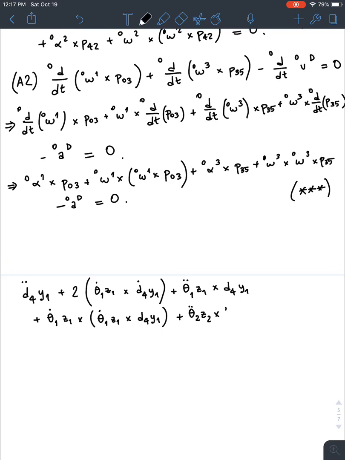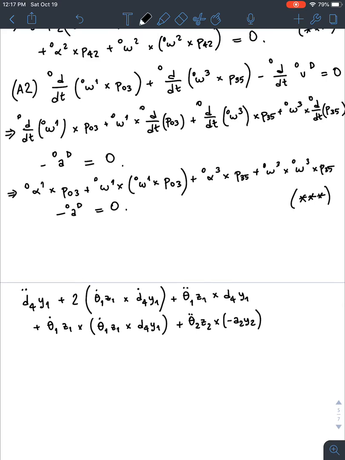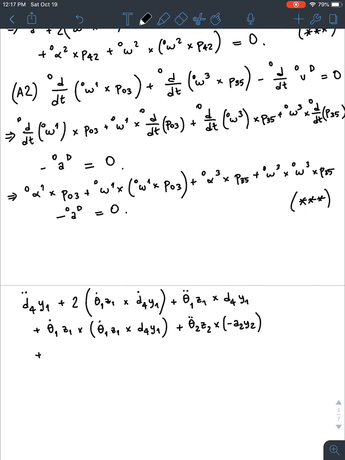This one here is going to be, oopsie, negative a2 in the y2 direction. Yep. And then plus angular velocity of 2 in 0 is theta 2 dot in the z2 direction, cross angular velocity of 2 in 0, theta 2 dot z2, cross p42, which we said was equal to negative a2 y2 equals 0.